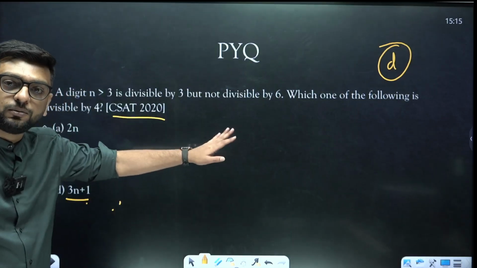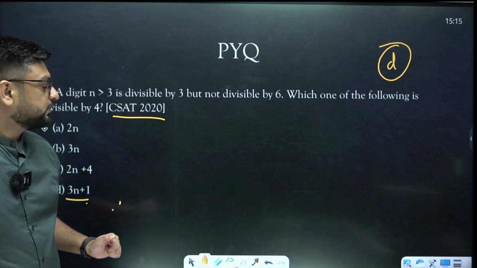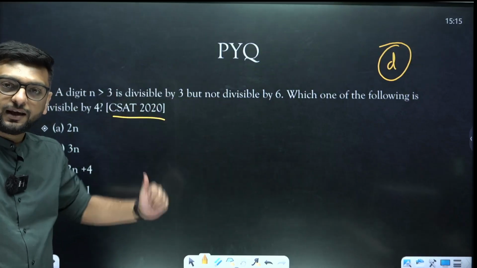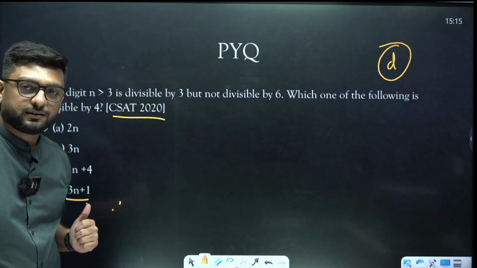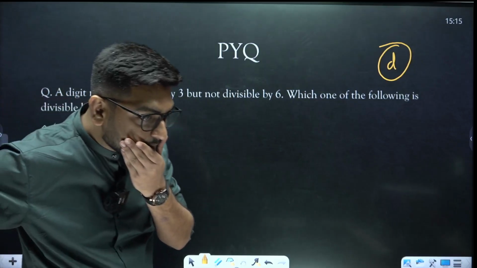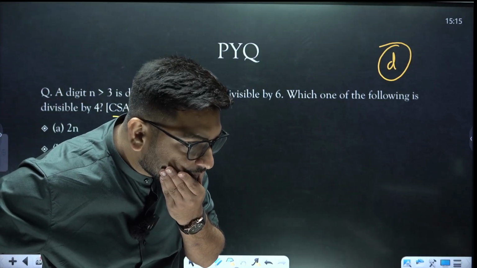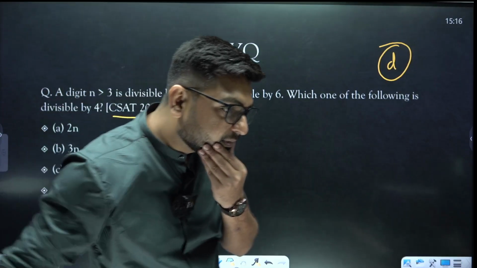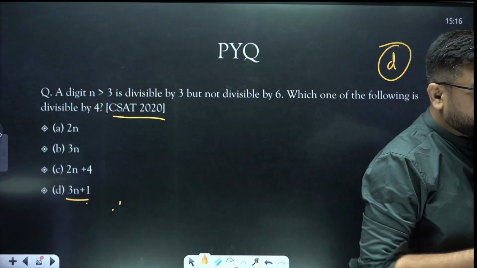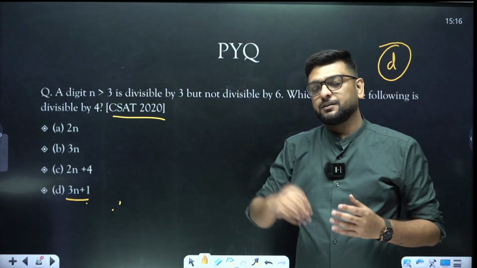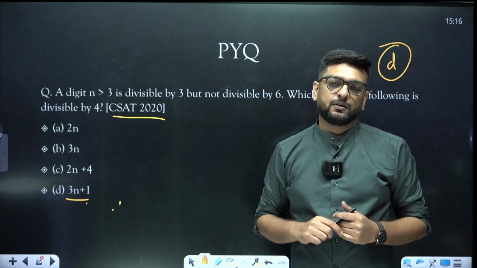This is PYQ, 2020 PYQ. Tell me one thing, अगर D आंसर है तो कैसे है? You took 9 for example, but why did you take only 9? That is what my point is.